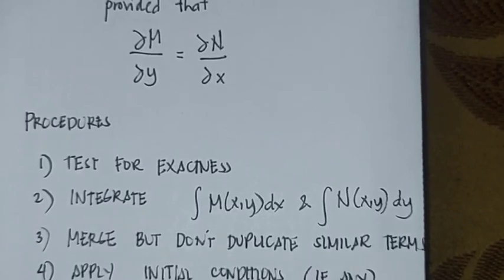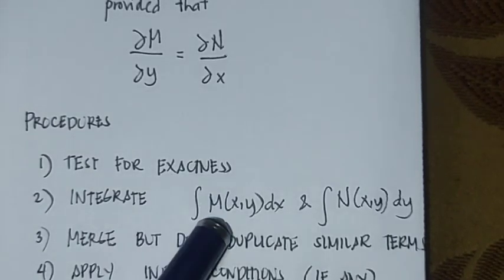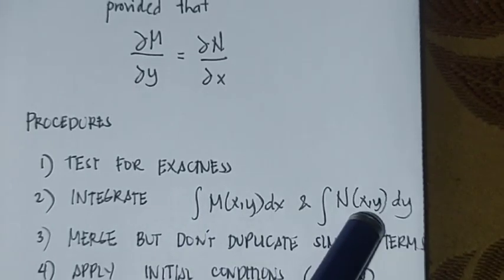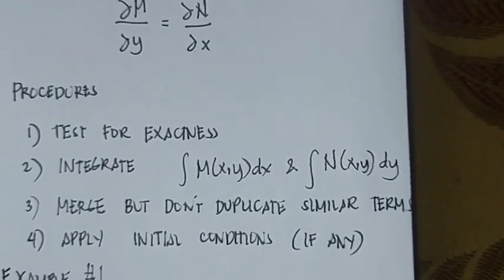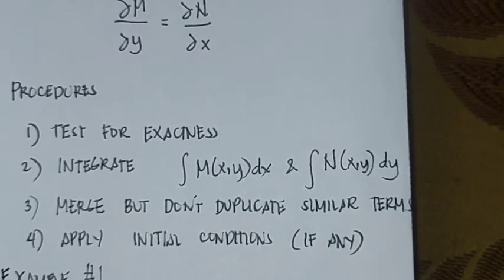So, hindi pwedeng mag-duplicate yung terms na yon. Paano kung, halimbawa dito x squared, dito 2x squared? Pagka ganon, pwede mong kopyahin. Pero pag exactly the same, wag mong i-combine. Yun yung sinasabi ko sa merge. Mamaya magigets nyo naman sa example. So, merge but don't duplicate the similar terms.